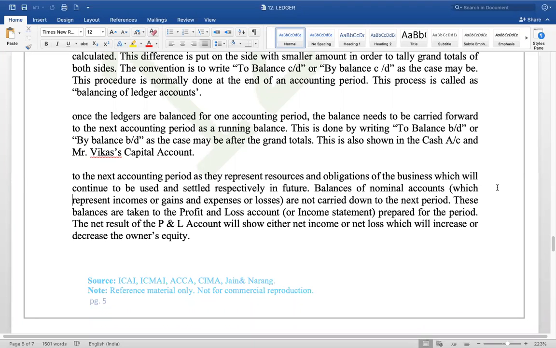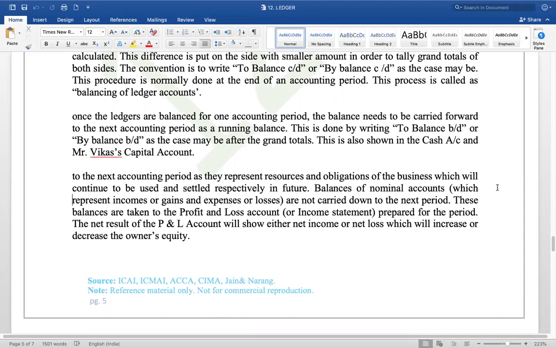Now, real account and personal accounts are carried forward to the next accounting period, whereas the nominal account transactions are not carried forward to the next accounting period, because then and there in that very particular accounting period it has to be closed, because you have to make out the result. And this is called matching concept.